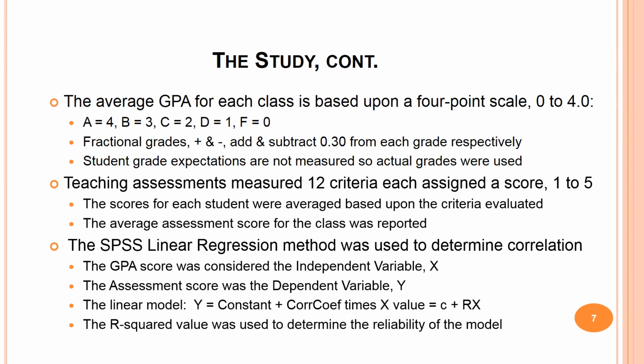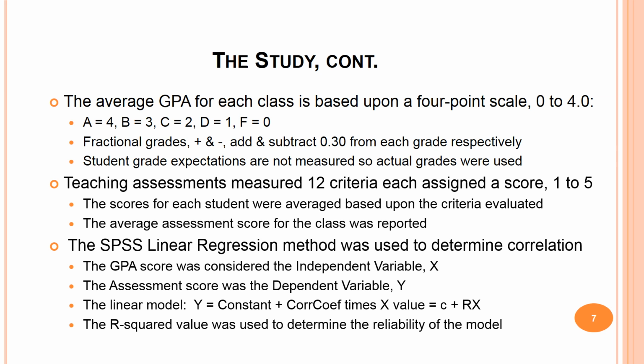In order to determine the correlation between student grades and teacher assessments, we utilize a linear regression, selecting the grade as the independent variable x and the assessment score as the dependent variable y. It was expected that the linear model would be able to predict a teacher's assessment score based upon the class GPA.